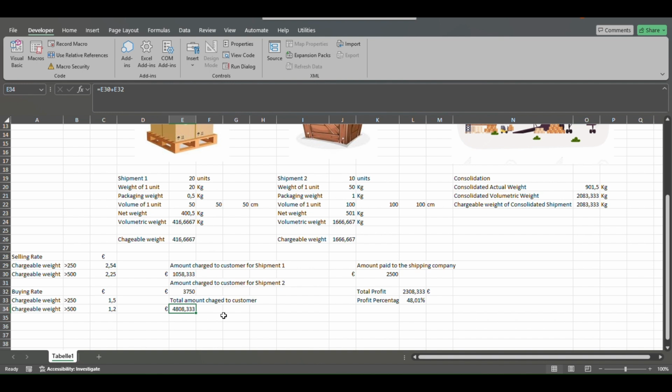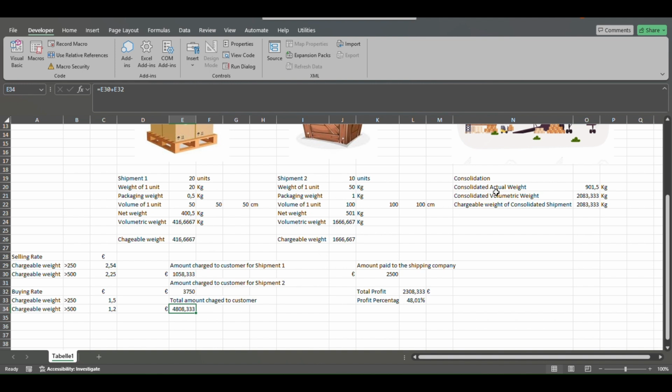The shipping company charges the logistics company for the consolidated weight. It does not charge for individual shipments, but for the consolidated shipment. So with both shipments put together, how much would the chargeable weight be? For that, the shipping company will charge the logistics company.